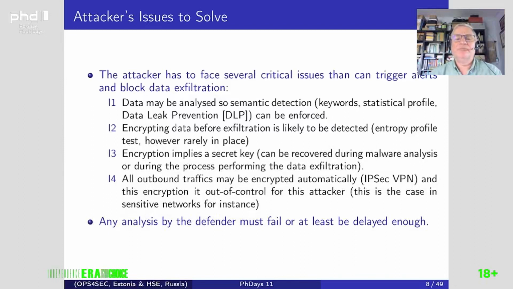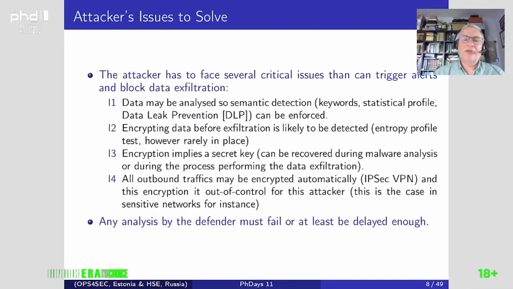So you can have DLP software, but most of the time they work on keywords. They don't really implement statistical profiles. It means that any DLP I have tested has been successfully bypassed. They are rather lame at preventing and detecting sophisticated data leaks.